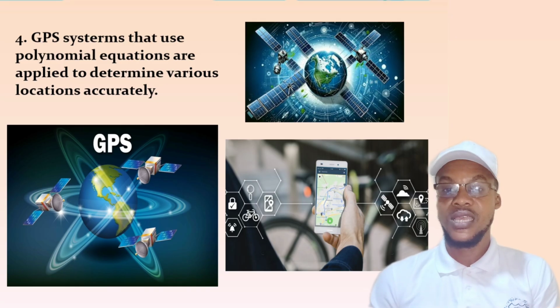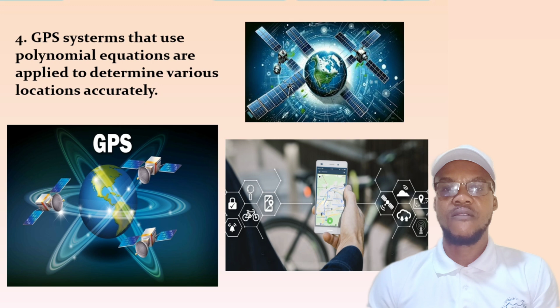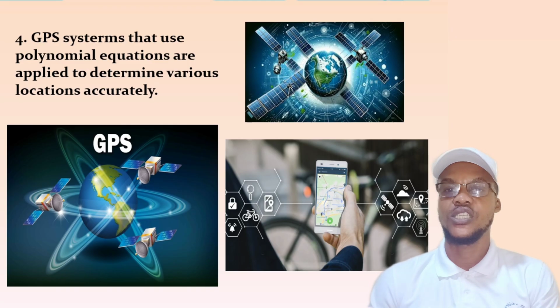So you see why we say polynomial function is very key as far as mathematics is concerned. A lot of people have their home GPS address. All these addresses that were generated, at least there was the use of polynomial equations there. So you see the pictures there, very great.